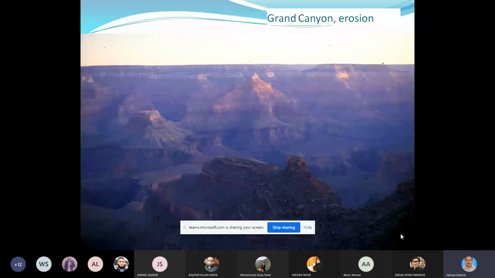So you see an example of river Colorado in the Grand Canyon area. You see the river is carving its way in the Grand Canyon, which is all rocky area, very resistant material to erode, and river Colorado flows through this Grand Canyon.